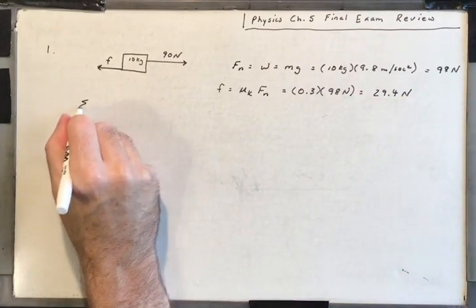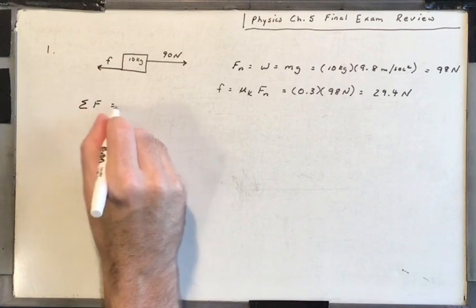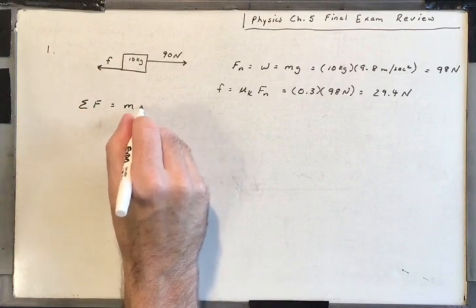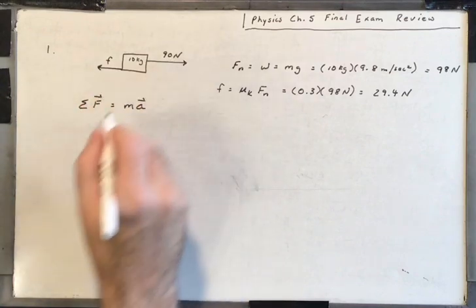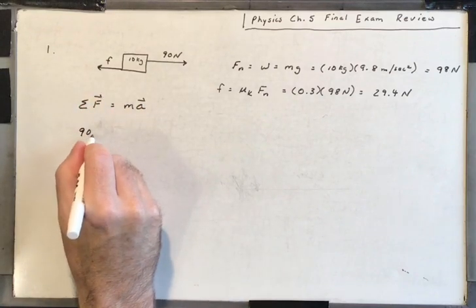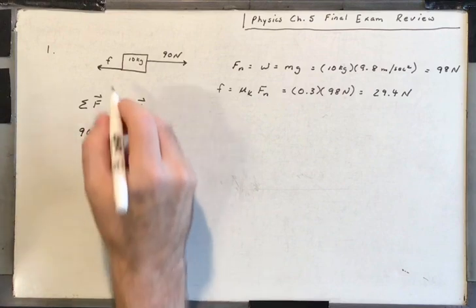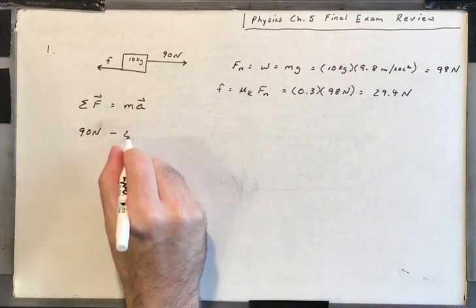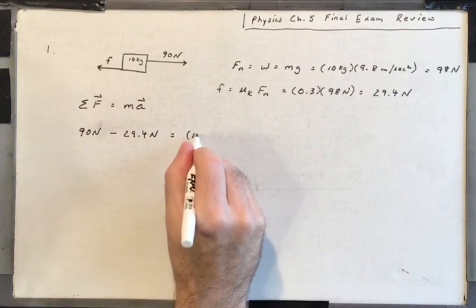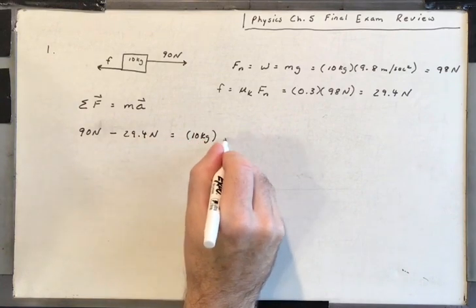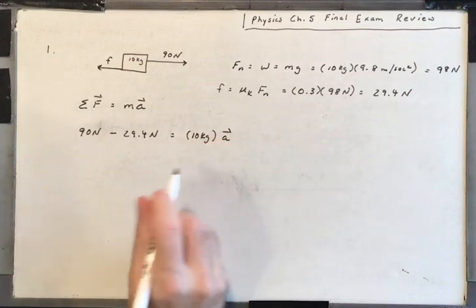Okay, we know that the summation of all the forces is equal to mass times acceleration. So that's going to be 90 newtons minus the force of friction, 29.4 newtons, is equal to the mass, 10 kilograms, times acceleration.